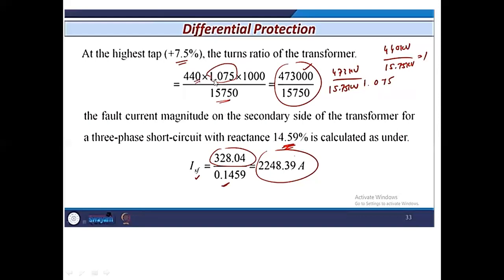The nominal ratio is 440 divided by 15.75 kV, and for the 7.5% tap plus, the value comes out to be 1.075.